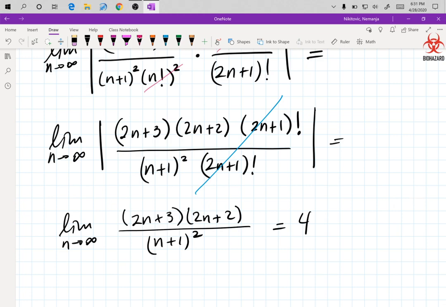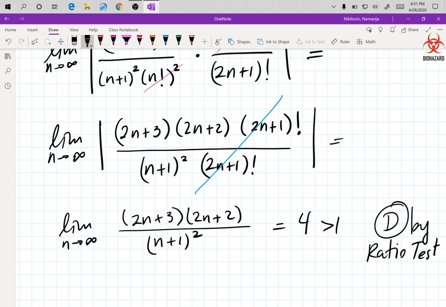So that's bigger than 1 and diverges by ratio test. Cool. So that's the ratio test.